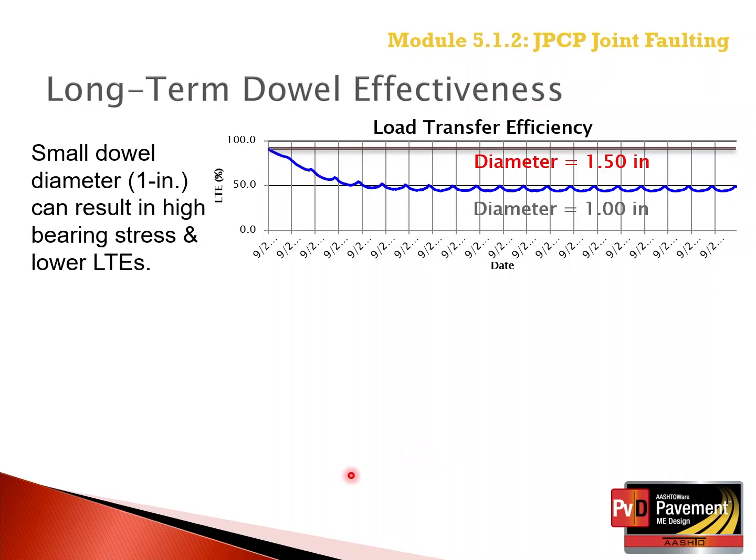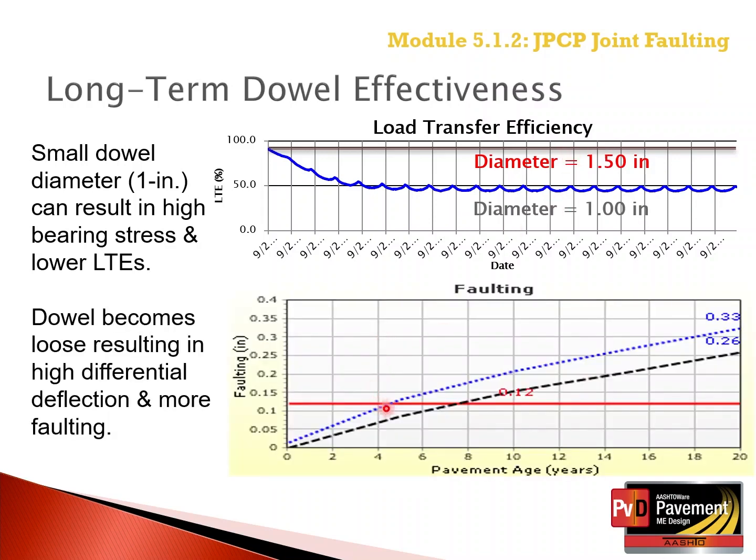A dowel diameter that is too small for the level of traffic and slab thickness, say a 1-inch dowel diameter, will exhibit higher bearing stresses and result in much lower load transfer efficiency values predicted over time in comparison to a dowel diameter of 1.5 inches as displayed in this graph.